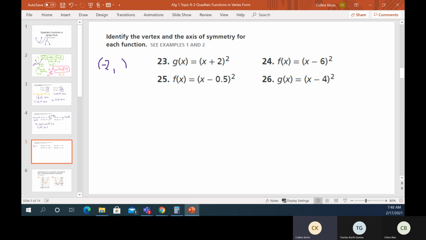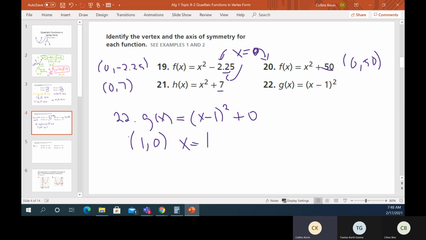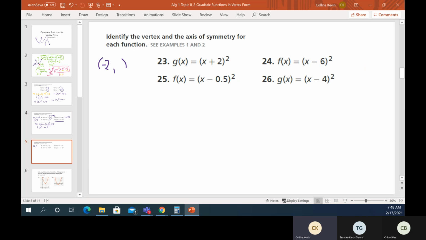Well, remember in the last one, let's go back here for a second. This one, we wrote it as x minus 1 squared plus 0. So don't we kind of have to do the same thing here?